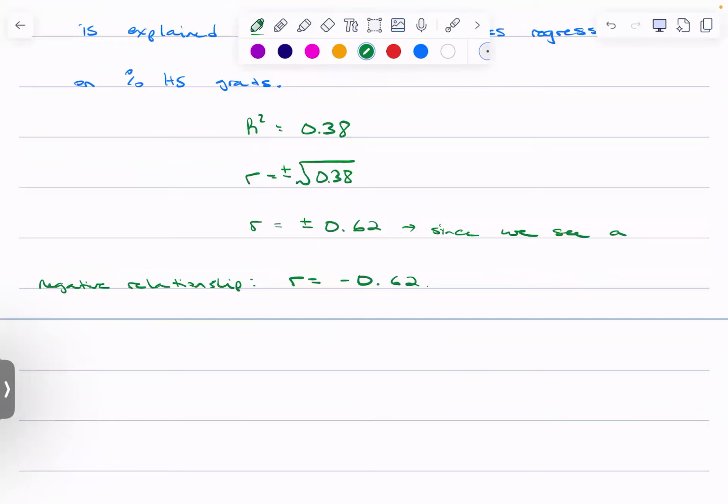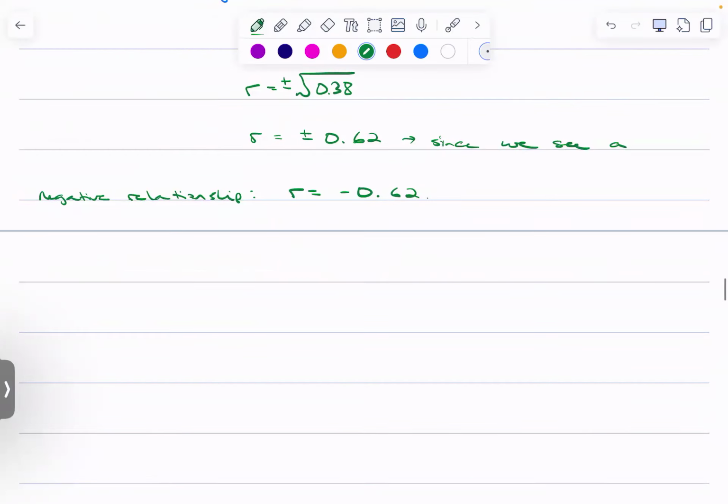And then you would have that R to find the slope, because you need to have R some way. Now you have R to find the slope. Okay. So that's one way that I could give you the correlation.